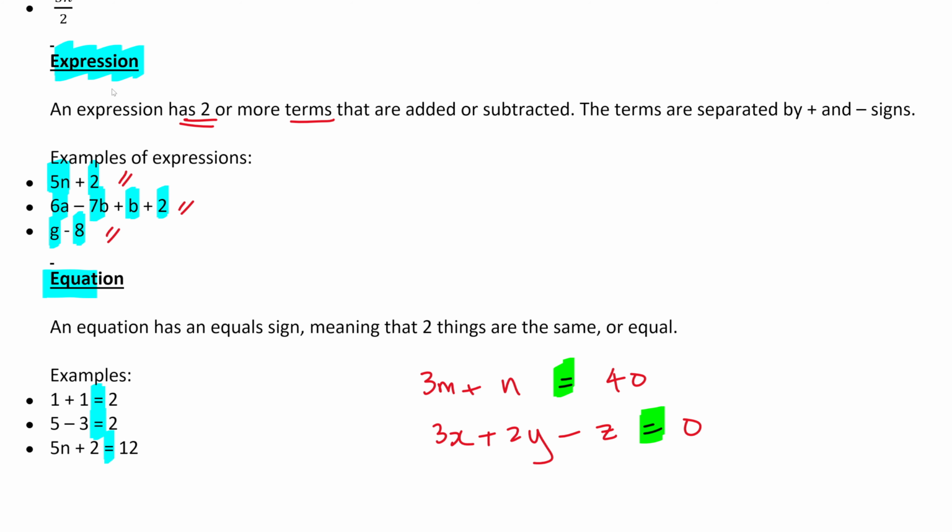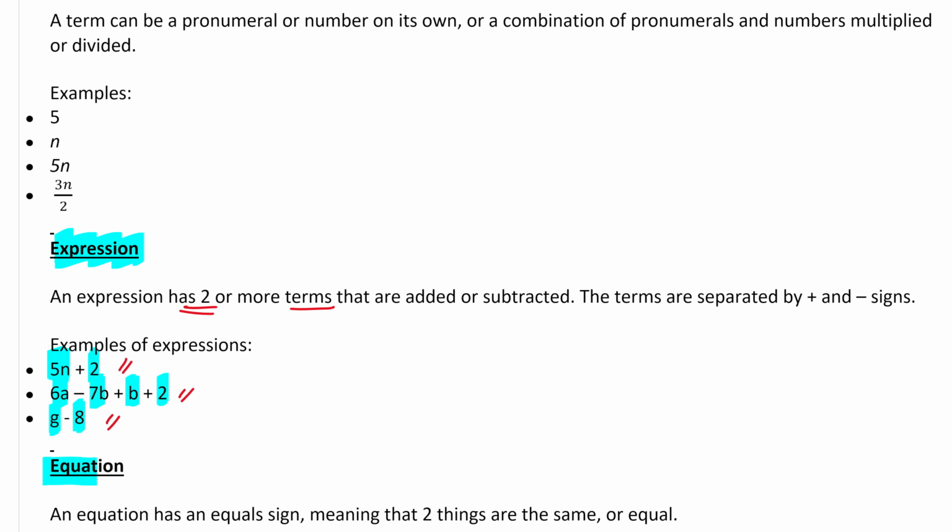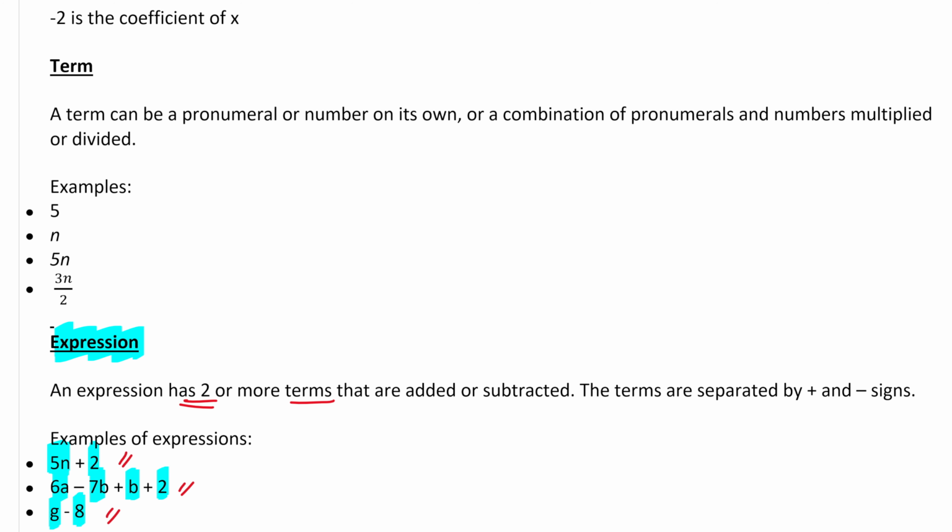I've just talked about what a term is, but up here is a little bit more in depth. A term can be a pronumeral. A pronumeral is just a letter.